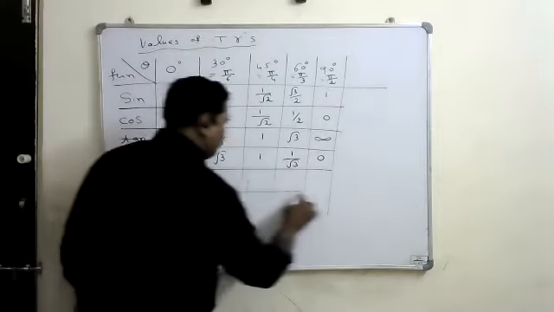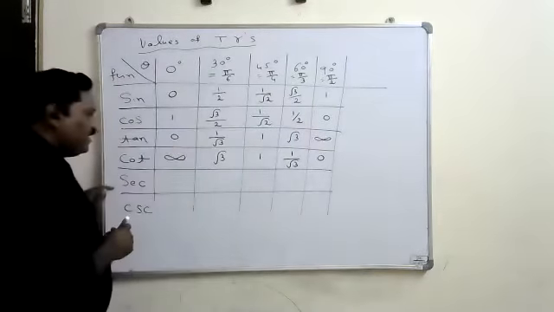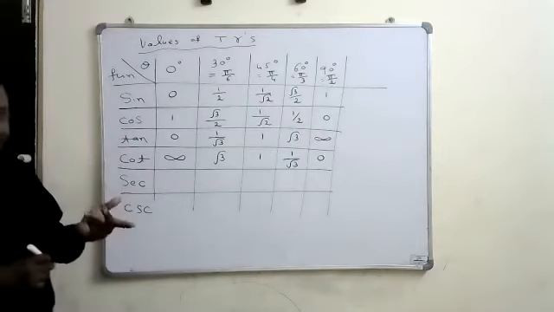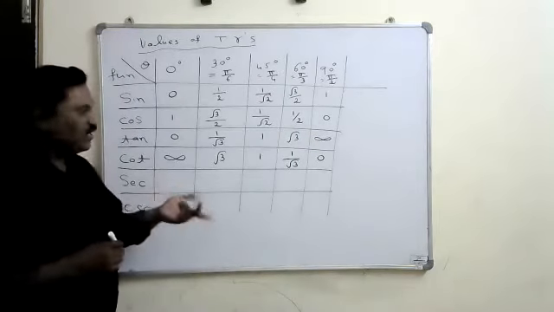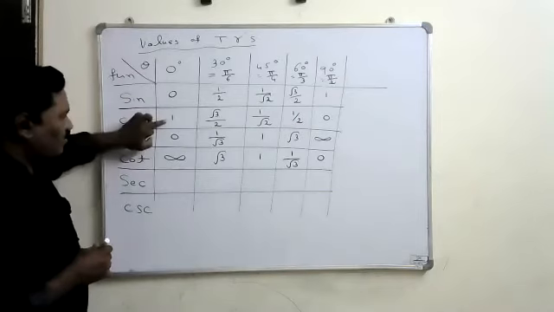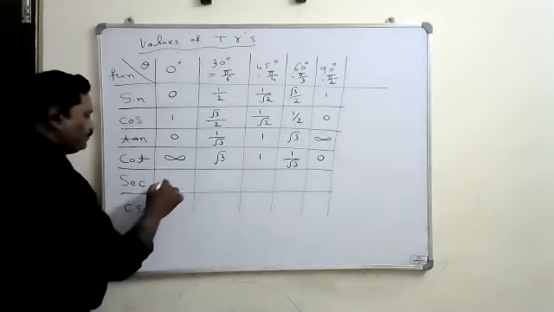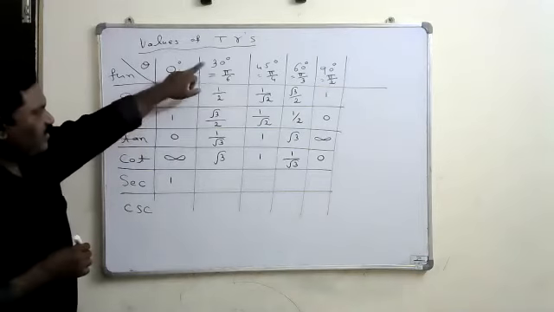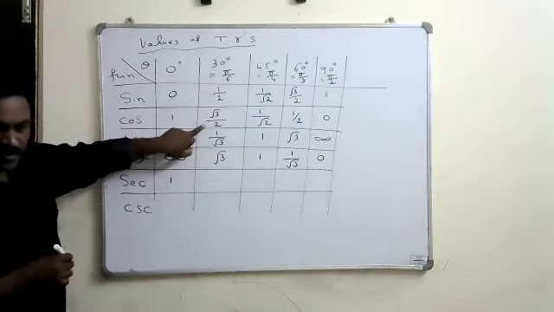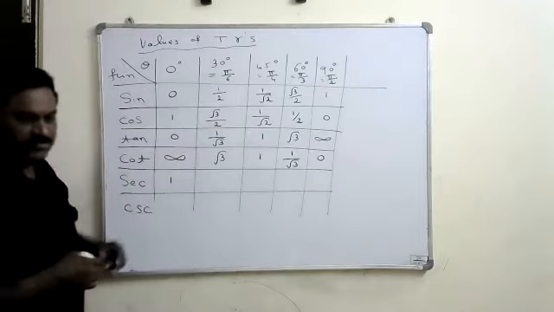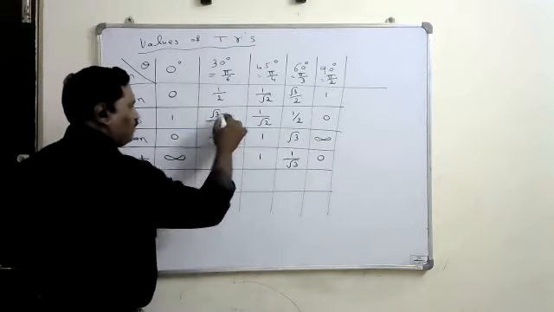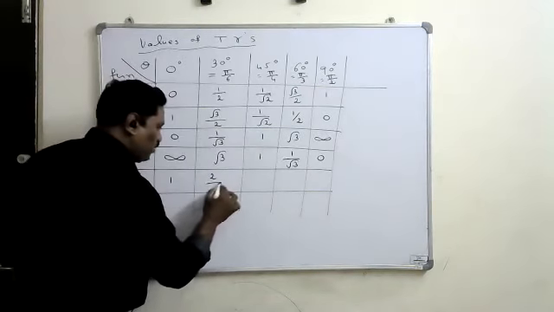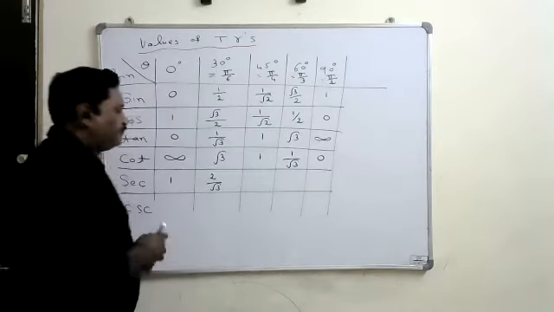Now, for the secant: the secant is the reciprocal of the cos. Cos 0 is 1, so what is the secant 0? Also 1. Cos 30 is root 3 by 2, and its reciprocal is 2 by root 3.